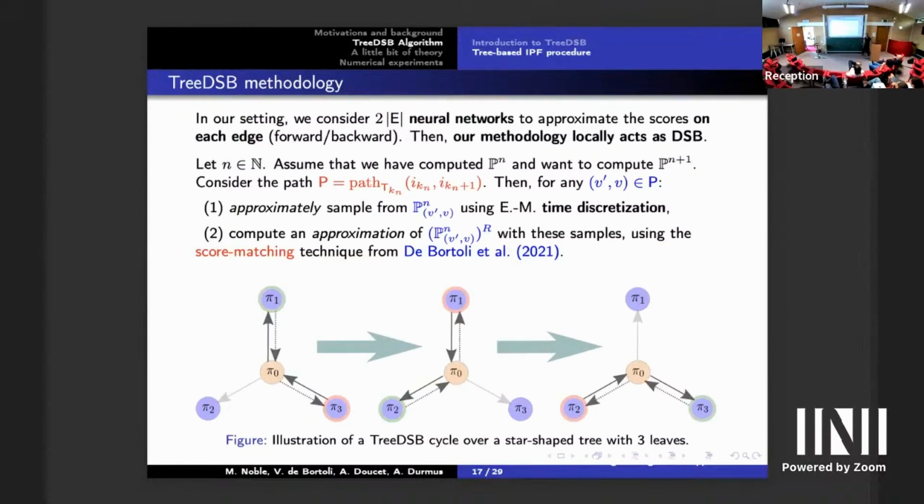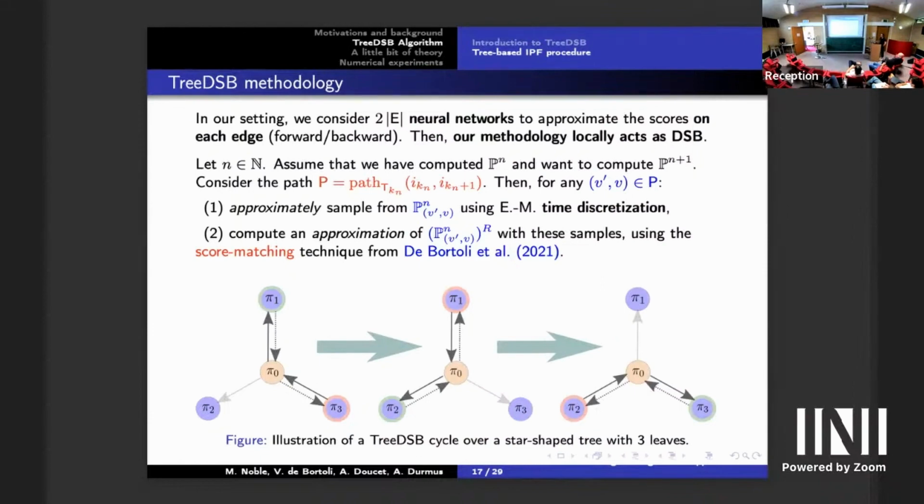So this is really huge in terms of computation. So 2 times the number of edges neural networks. And how do you compute TreeDSB? You simply consider the path between the previous and the next constraint, and what you do is you sample from this path, and then you compute the time reversal with some machine learning tools.